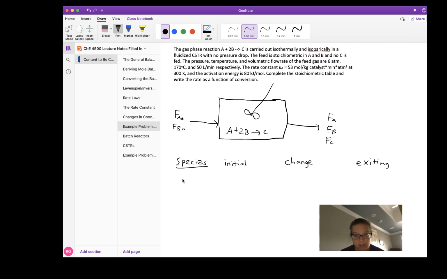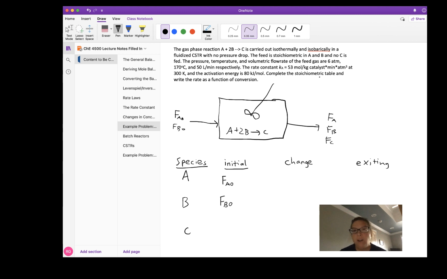So the species I have here are A, B, and C. The initial amounts for A, I have FA naught, so the amount coming in. Coming in for B, I also have FB naught.